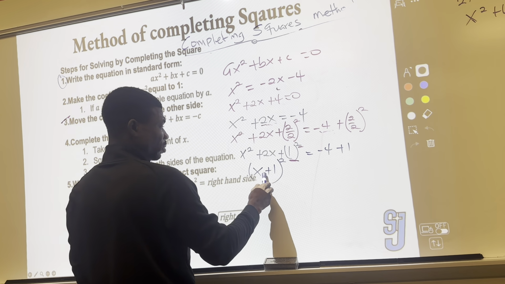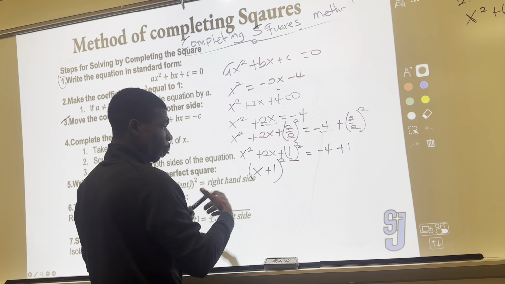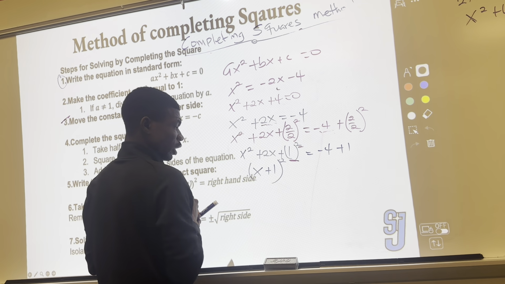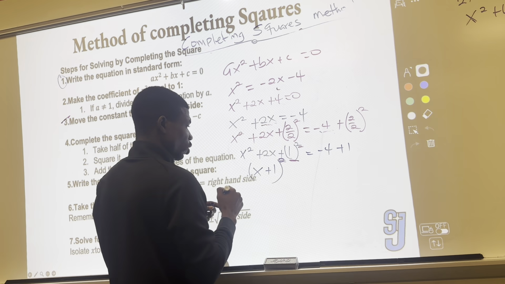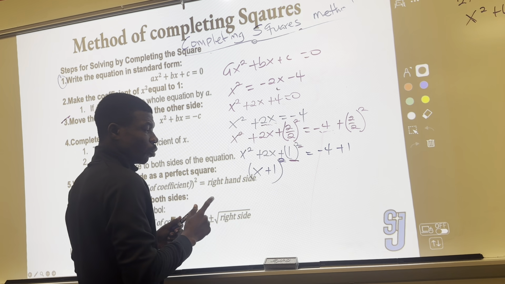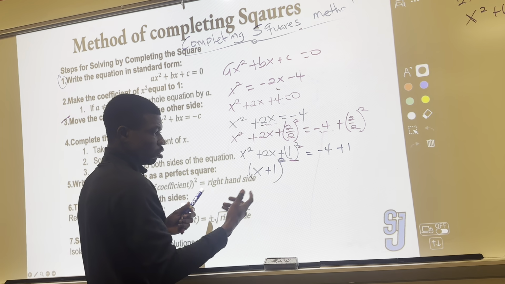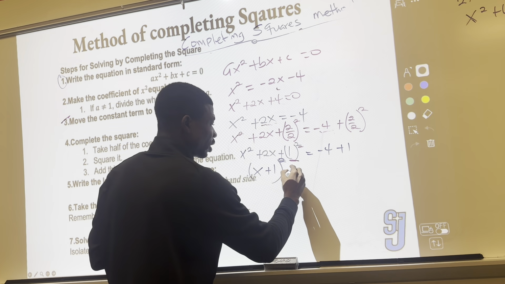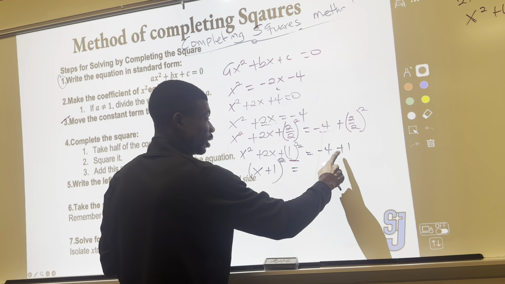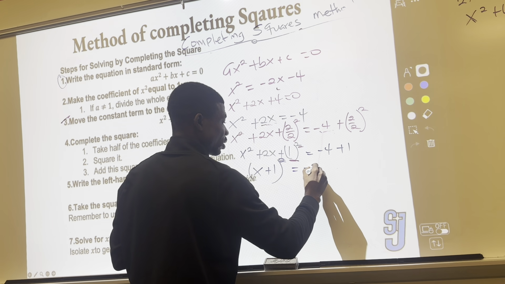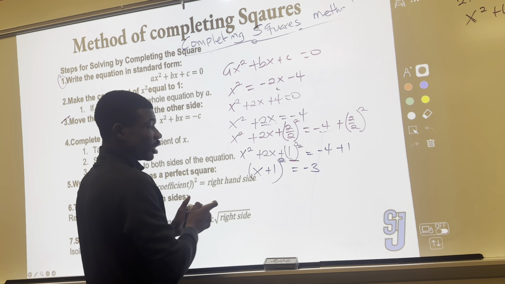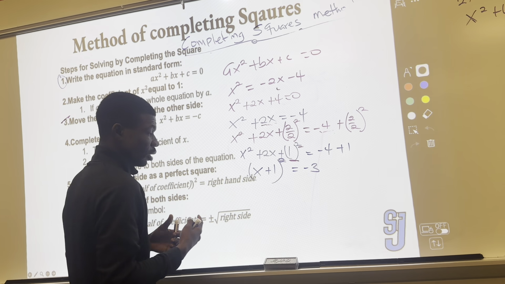Now, this place is positive because all this within the equation is also positive. It equals -3 plus 1, which gives us -3. -4 plus 1 is -3.